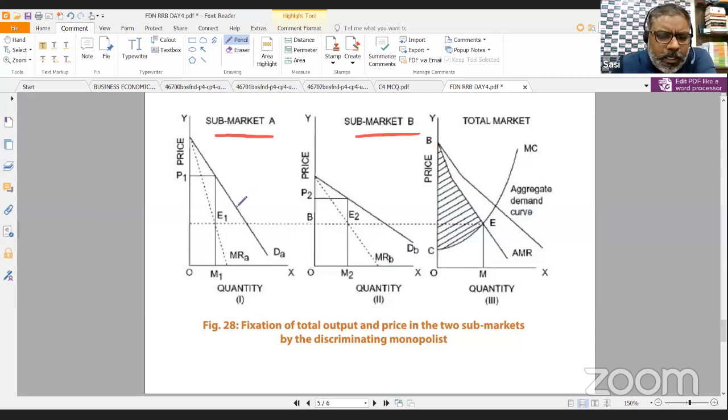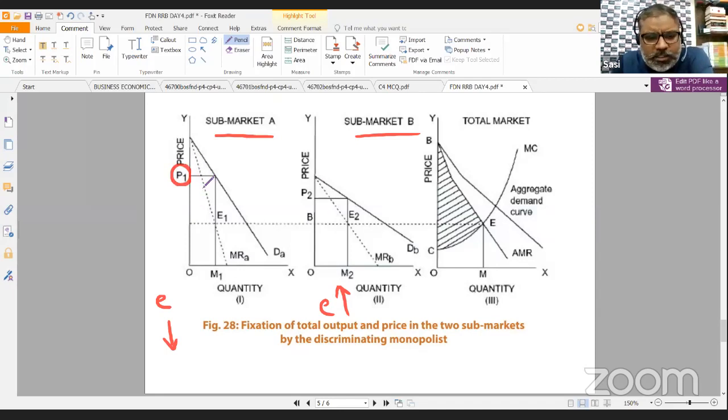The total, we don't care. Here, what is the nature of the elasticity of demand in market A? We can observe that elasticity of demand is less because the curve itself is a little slanted. In submarket B, the elasticity of demand is a little bit more. So where the price elasticity is less, the monopolist can charge a high price because people don't care.